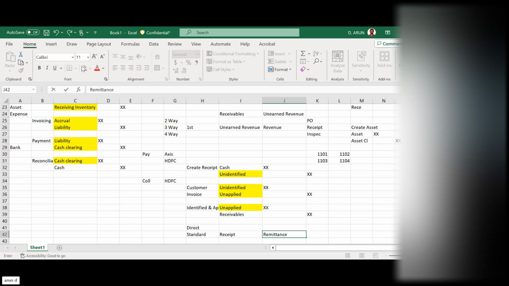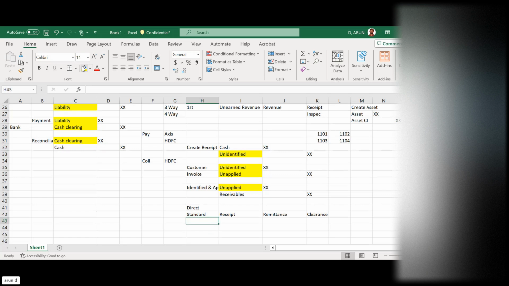So this is called remittance. And then we have clearance. So these are the three steps in case of standard receipt creation. I have received the instrument, I have deposited it in the bank, and the bank has cleared. So this is how I will find it through my bank statement. Okay, so this is the process.